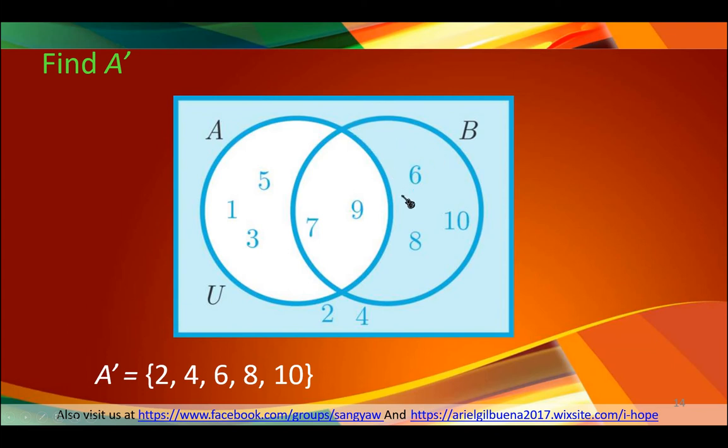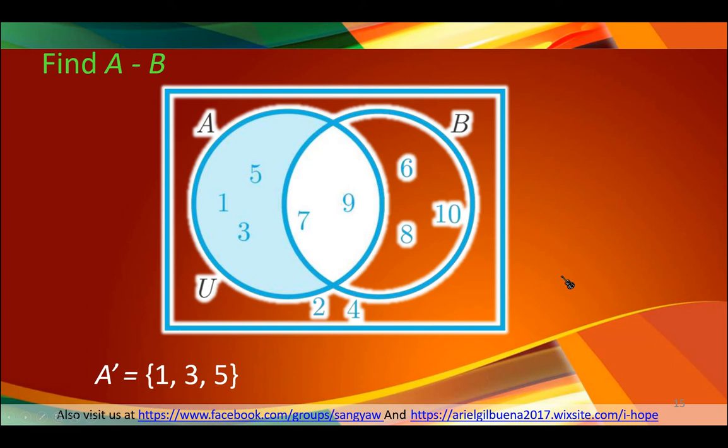Yung portion na yan, 6, 8, 10. Then, itong nasa labas. So, bakit hindi kasama yung 7, 9? Kasi yan nga po yung intersection. So, ano bang katapat ng 1, 5, and 3? 6, 8, 10. Di ba po? Then, yung 2 and 4. So, wag po mali dito sa complement.